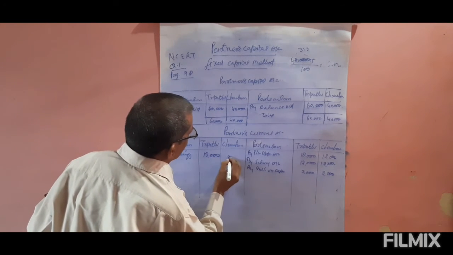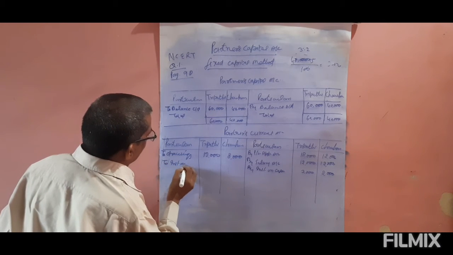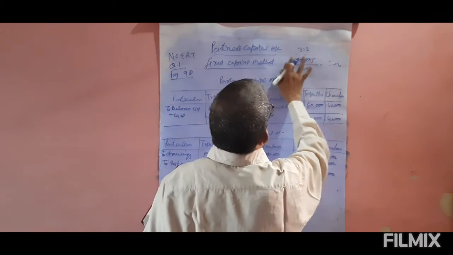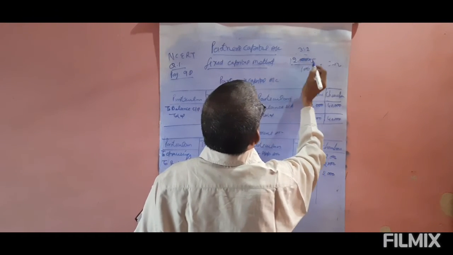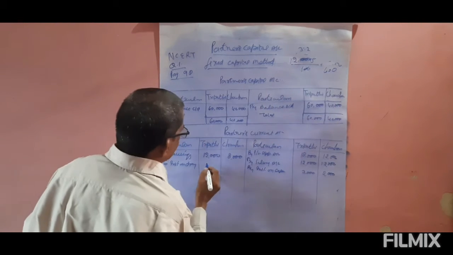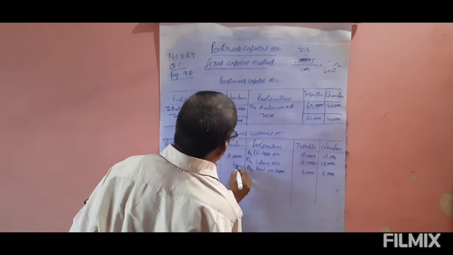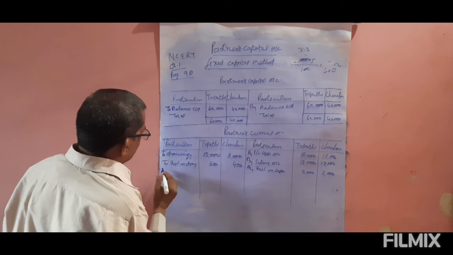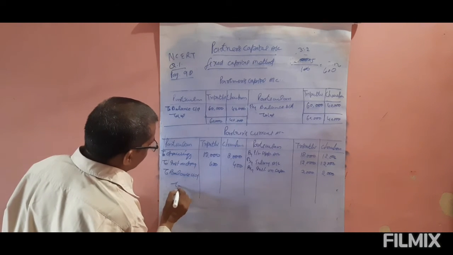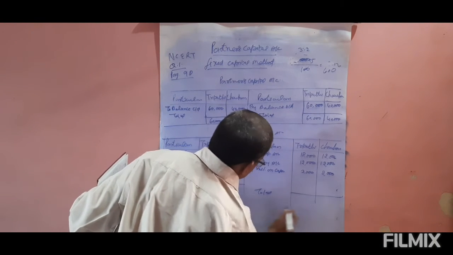Here is 12,000 and here is 8,000, with interest on drawings at 5%. 5% of 12,000 is 600. Here is 8,000, 400. There is nothing else, so balance CD, and the total of this.